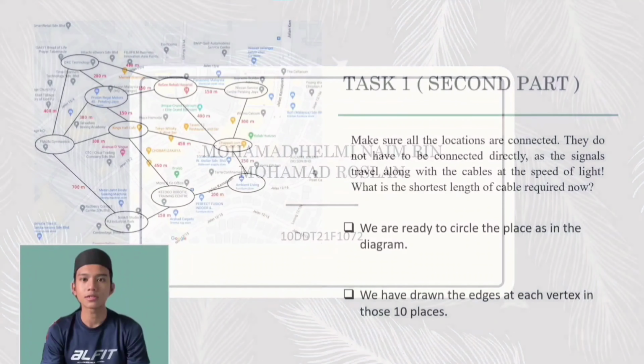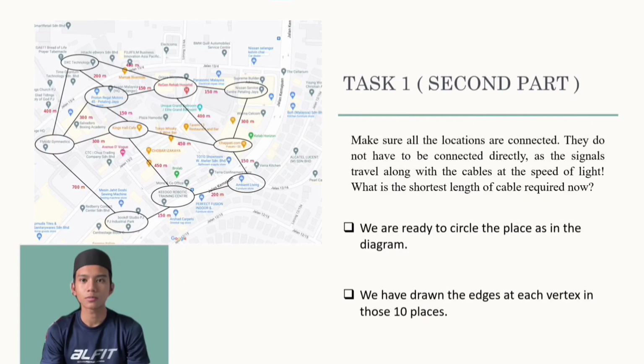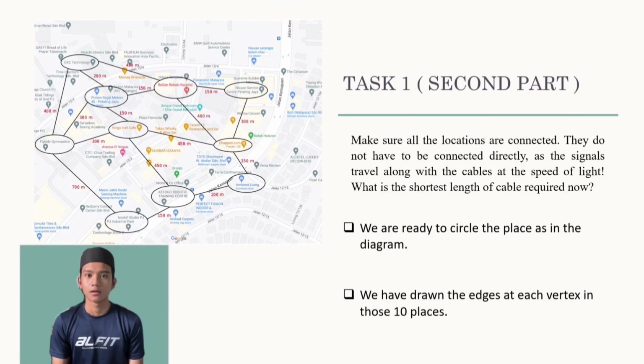So at this slide, I want to present task 1 for the second part, which is: make sure all locations are connected. They do not have to be connected directly, as the signal travels along the cables at the speed of light. What is the shortest length of cable required? First of all, we need to circle 10 places as stated in the question.